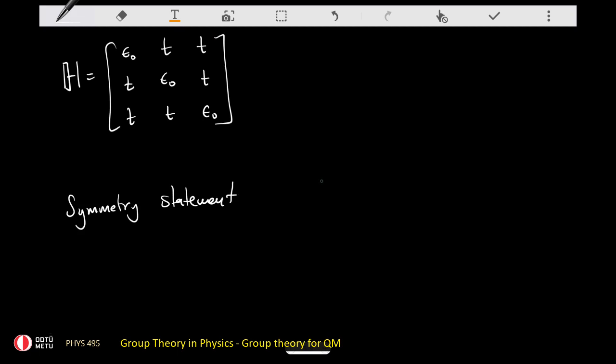It's basically the statement that A of R multiplied with the Hamiltonian and the inverse of A of R multiplied with the Hamiltonian gives us the same Hamiltonian, for all R in the symmetry group. So that's the symmetry statement.